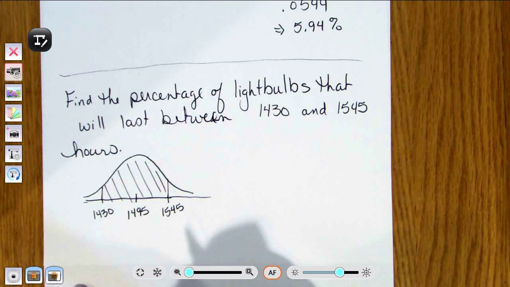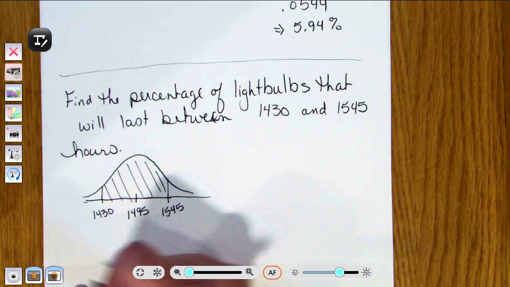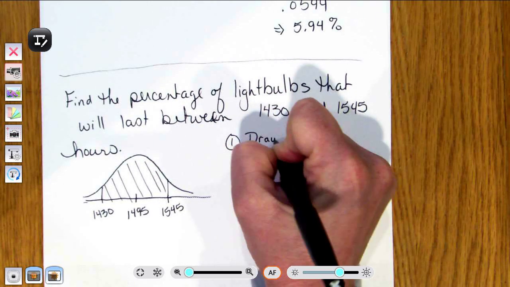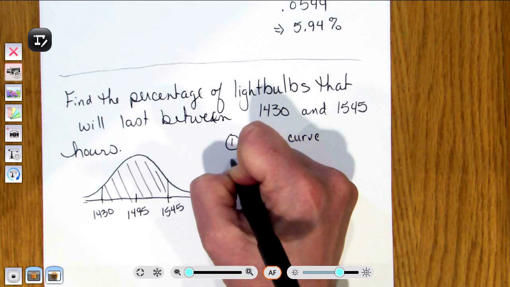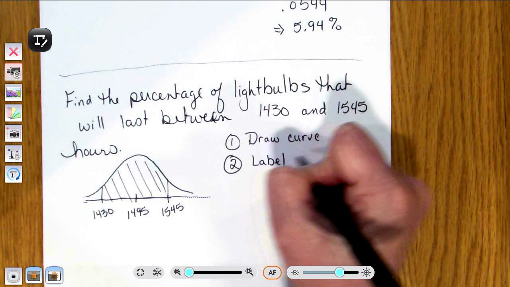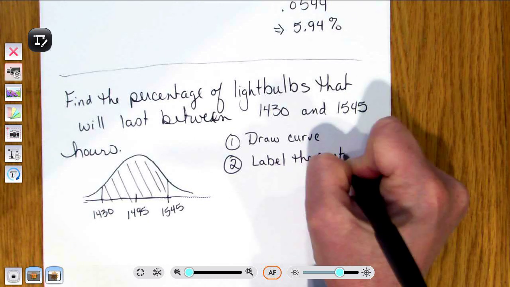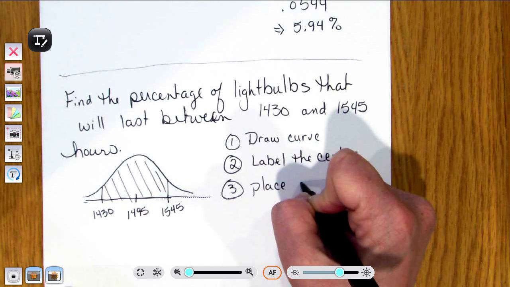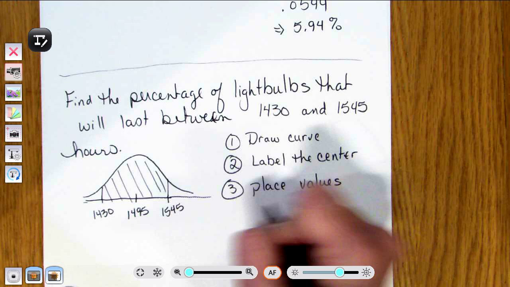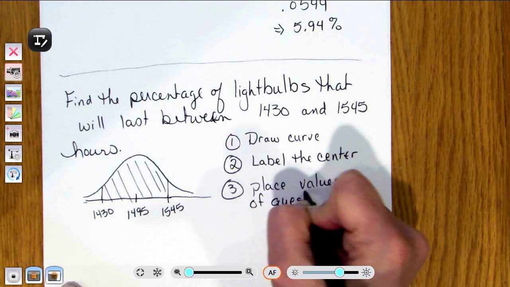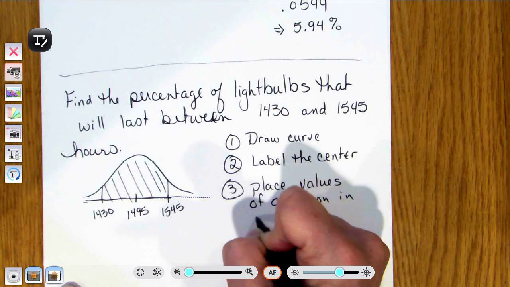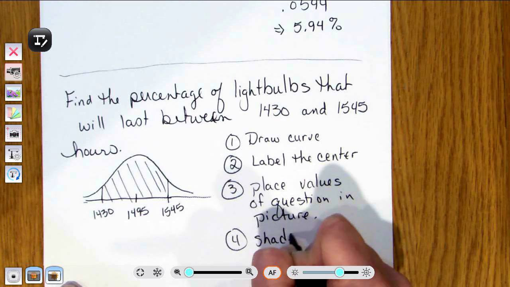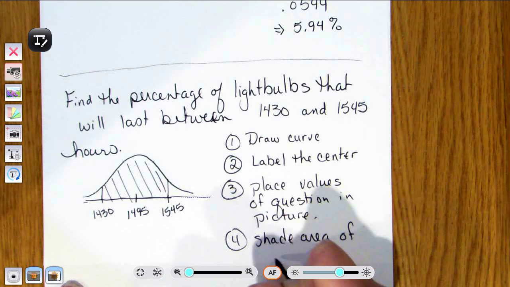Okay. Our next step is to standardize the boundary values. So here are the steps that I've gone through: we draw the curve, we label the center, we place values of question in the picture, and then we shade the area of interest.